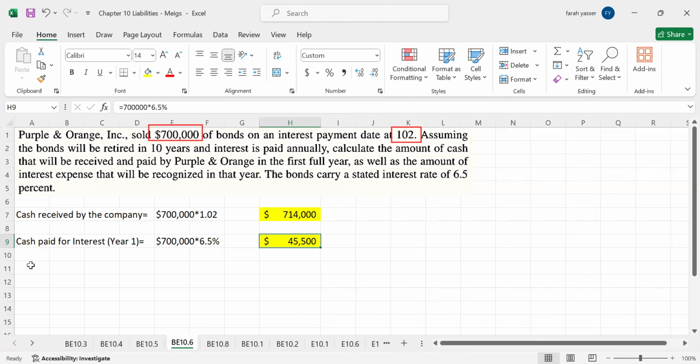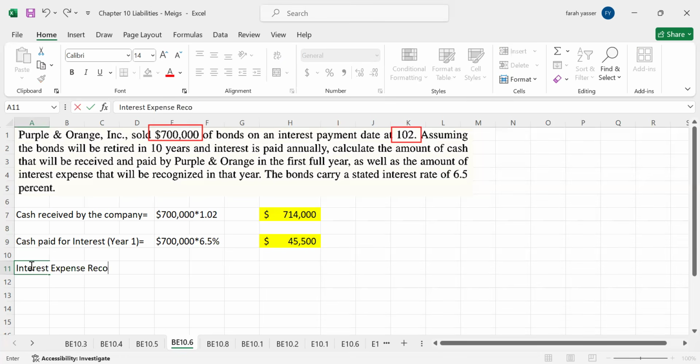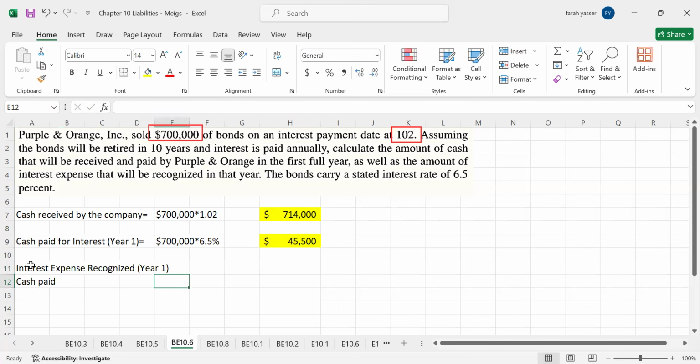Now, the next thing is that we are again going to calculate an expense, but this one is for the company, not for the bondholders. The interest expense recognized in year one: how much cash have we paid? Cash paid is 45,500.